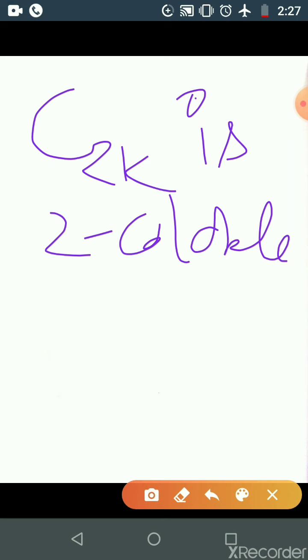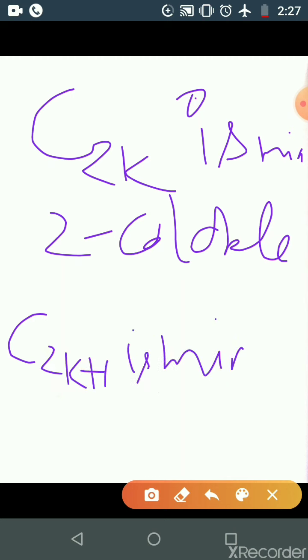But C2k is minimum 2 colorable, and C2k plus 1 is minimum 3 colorable, okay? Maximum it can be up to 2k plus 1, correct? We can use the total number of vertices equal to colors, correct? So here minimum 3 colorable, okay?